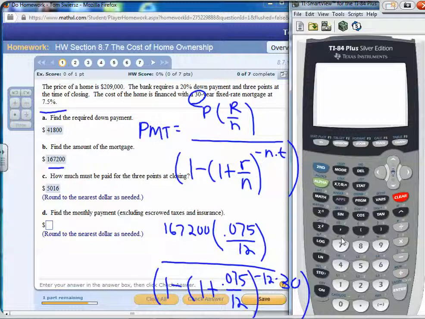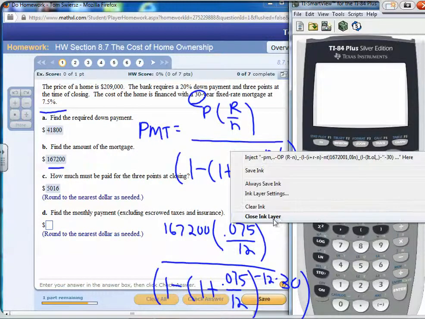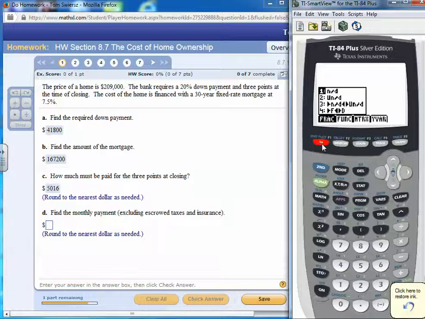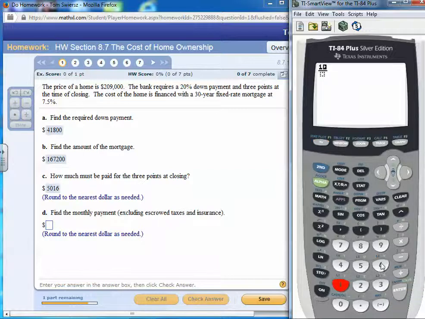Okay? So we can do that on our calculator. If you want, I can use the fraction key to make it easier to see. In the numerator is 167,200 times the rate, 0.075, divided by 12. That's your numerator.